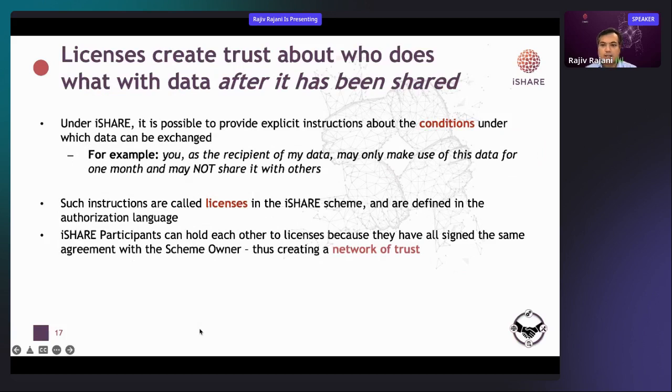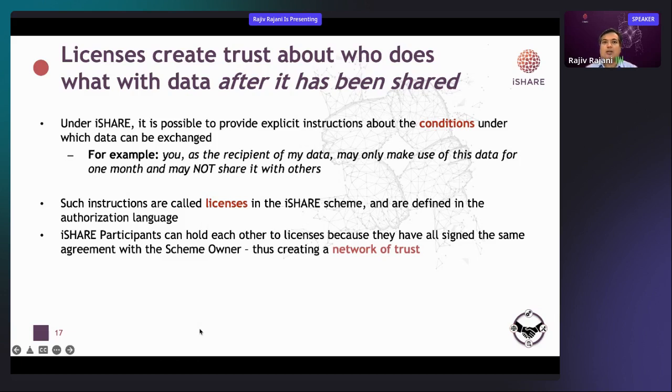Another key aspect of how we enable data sovereignty is the licenses, the data licenses, as we call them in iShare, which brings the trust and gives the control to the entitled party, so that it can dictate what the usage rights on that data set are.